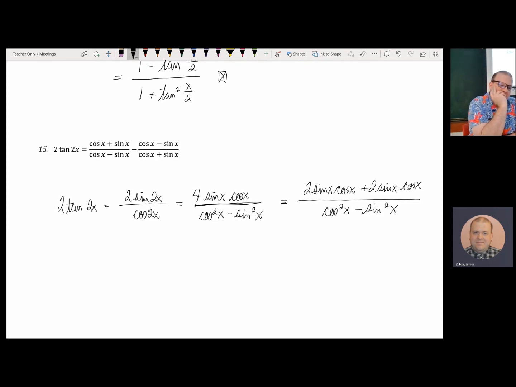For sine x cosine x, it would be 2 sine x cosine x plus 2 sine x cosine x.